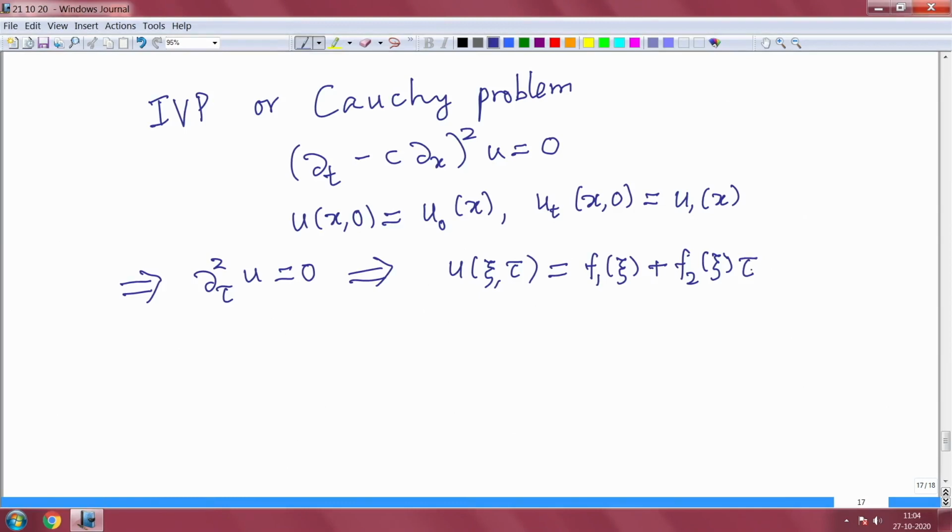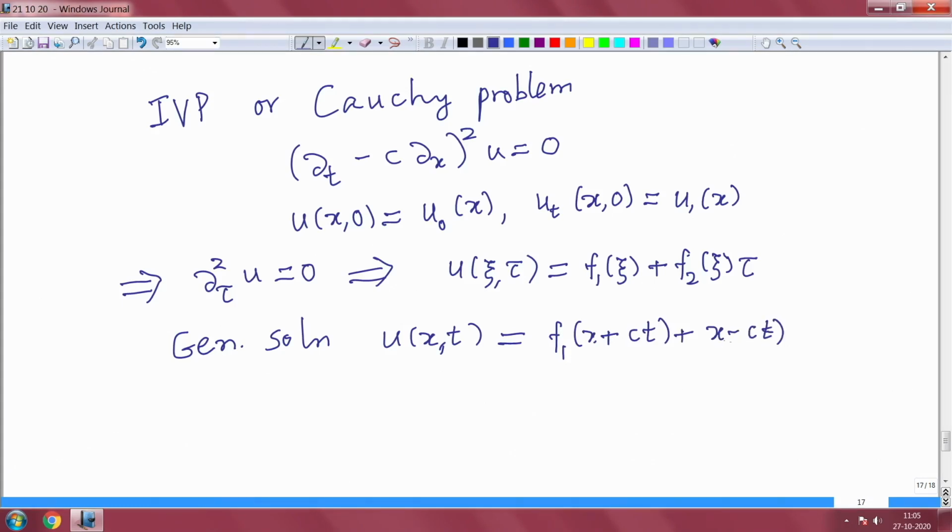Let us go back to the original variables. The general solution u(x,t) in terms of x and t is f1(x plus ct) plus, since tau is x minus ct, tau times f2(x plus ct).